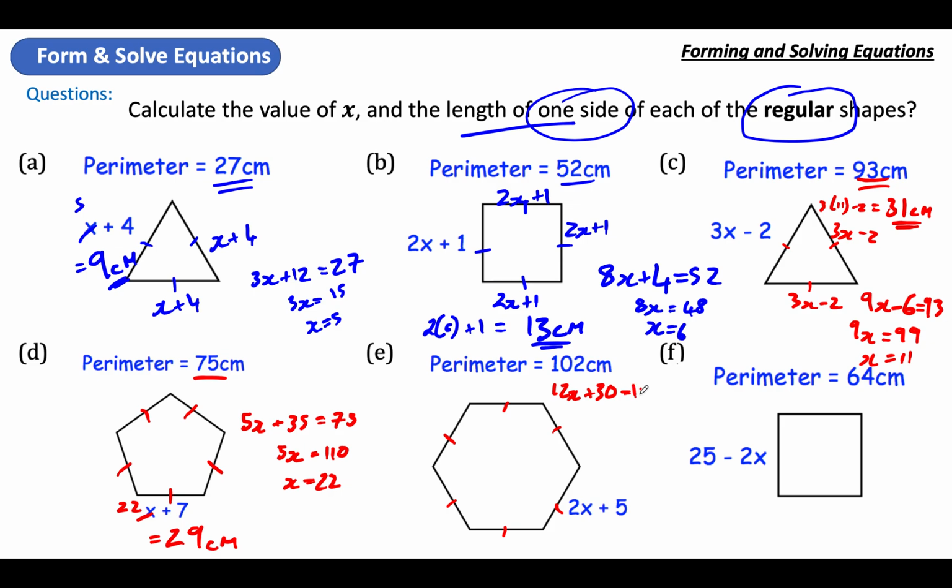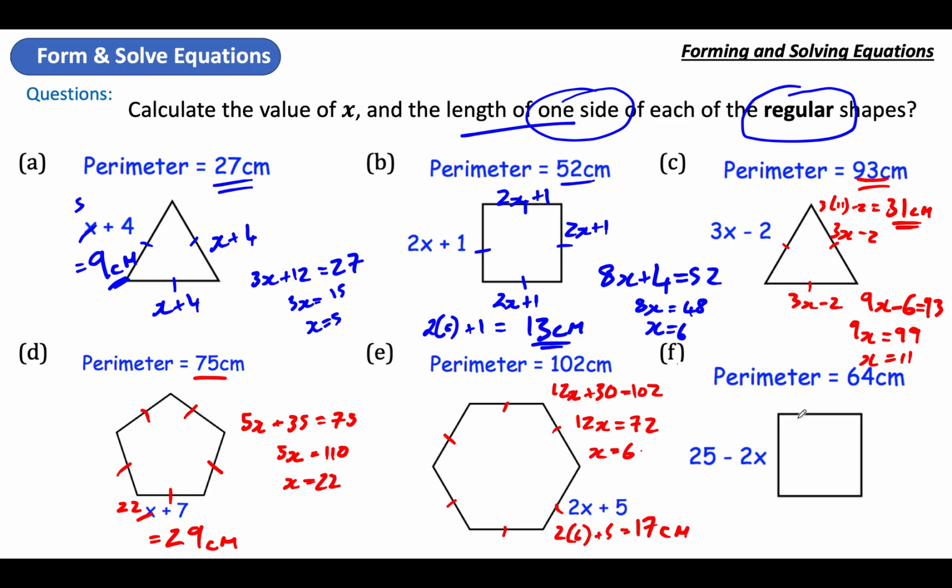And I'm told that that equals 102. Solve. So take away 30 from both sides. So 72. And then divide by 12 to get x equals 6. Right, so then we've got each side will be 2 lots of 6 plus 5. Put it back into the expression, which is 12 plus 5, which is 17 centimetres.